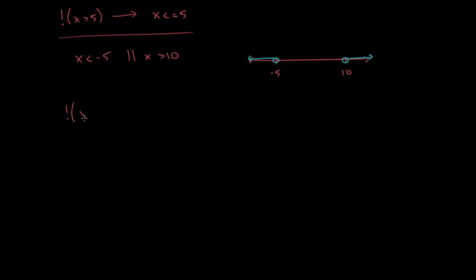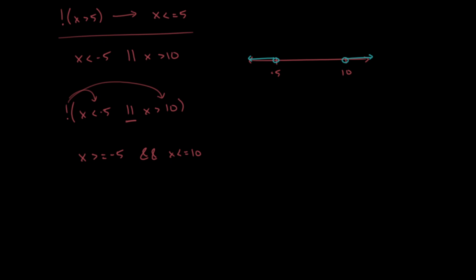So what if I instead had not x is less than negative 5 or x is greater than 10? De Morgan's law tells us that we can negate both of the things in here and then switch this to an and, and then I'm good. So in this case, that would be x is greater than or equal to negative 5 and x is less than or equal to 10.